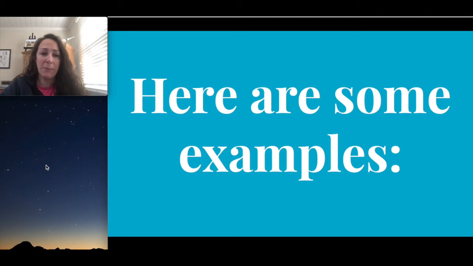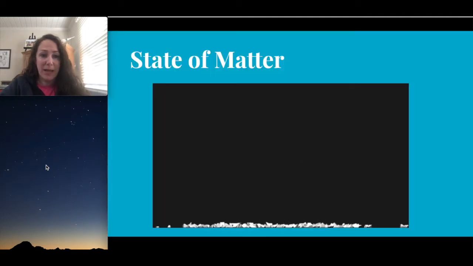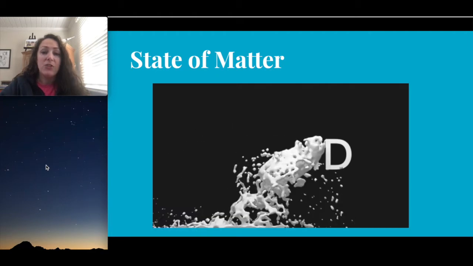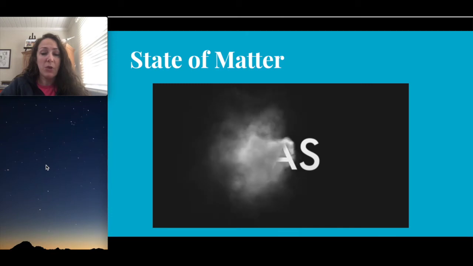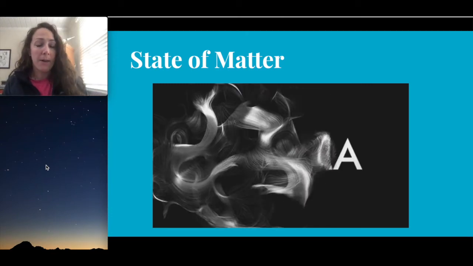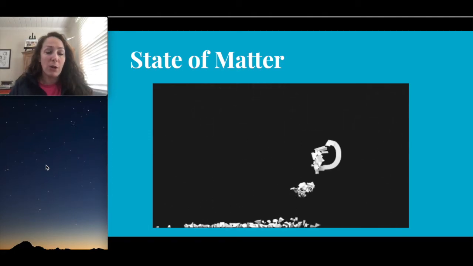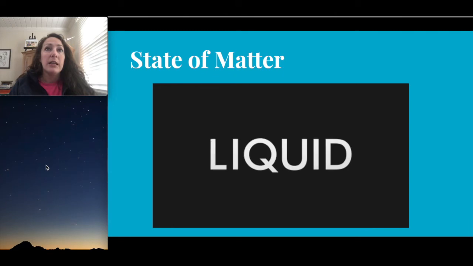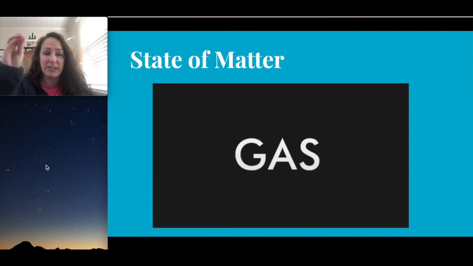So let's look at some specific examples. An object's state of matter is a physical property. So knowing whether it is a solid or a liquid or a gas or even plasma, all of those are physical properties. So for instance, when I talked about the boiling water, if I freeze water into an ice cube, it's still water, it's still H2O.